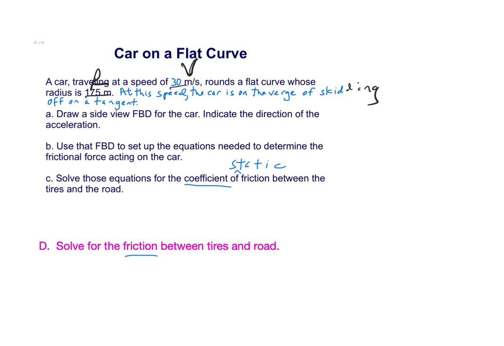Okay. Determine the frictional force acting on... I don't really care about any of that. How about solving for this? The coefficient of static friction between tires and road. Yes, I do care about B. Sorry.